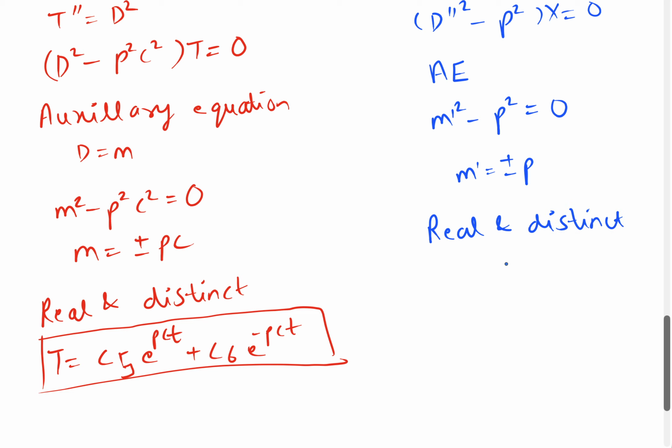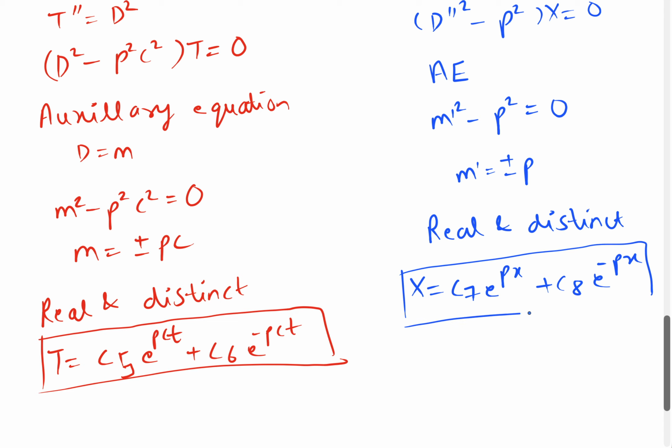Real and distinct. So what will be the value of x here? x will be c7 e raised to the power m1x plus c8 e raised to the power m2x. These are the two solutions.